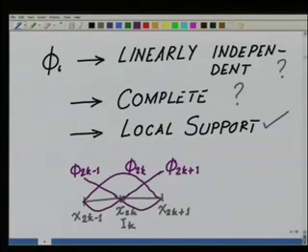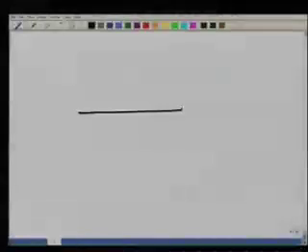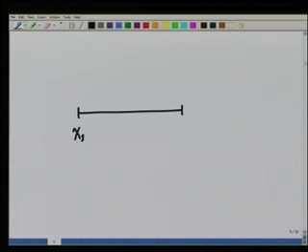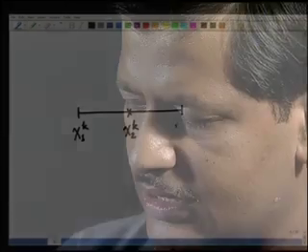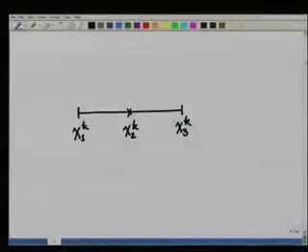So let us now transform this to the element notation that we had introduced earlier. From our element notation point of view, in the element, I will call the first node x1 of element k, the second one x2 of element k, and the third one x3 of element k.